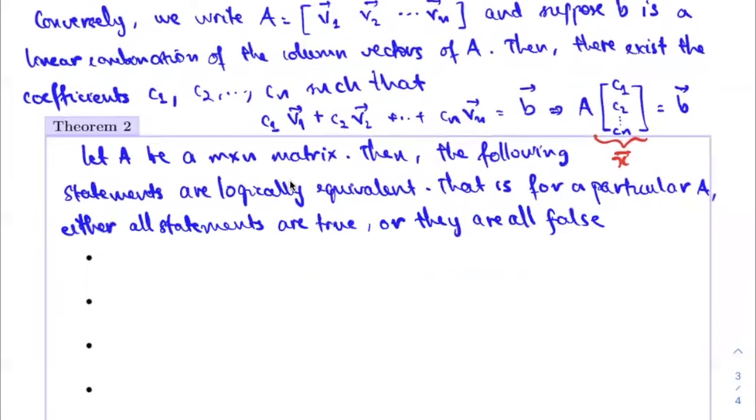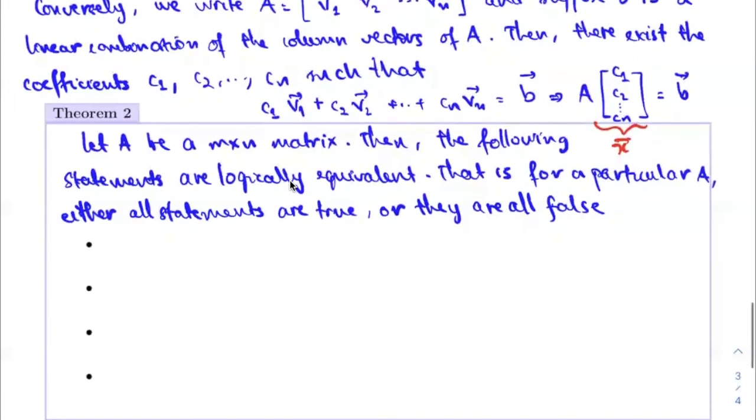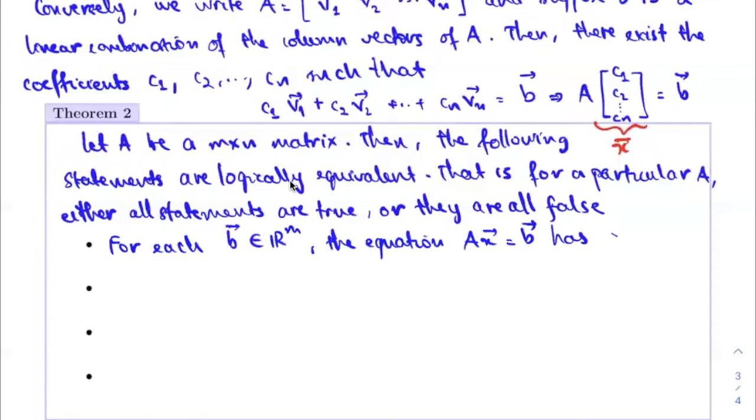Right. So the first statement is that for each constant vector b in R^m, which means this is a column vector with m components or m rows, the equation Ax = b has a solution.